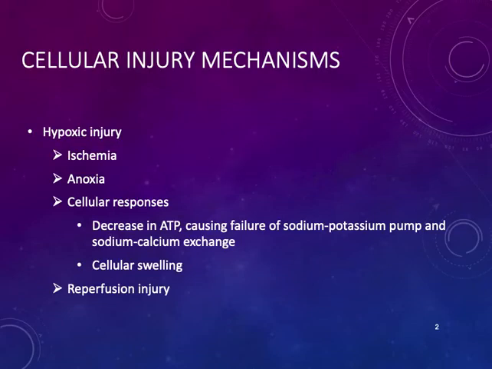So in general, let's just talk a little bit about cellular injury. There are different mechanisms that we're going to briefly discuss here. You have probably heard of hypoxia. Hypoxic injury is very, very common. It's probably one of the most common types of cellular injury out there. The difference between ischemia and anoxia is basically determined by severity.